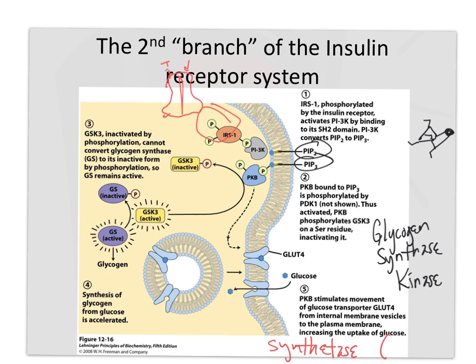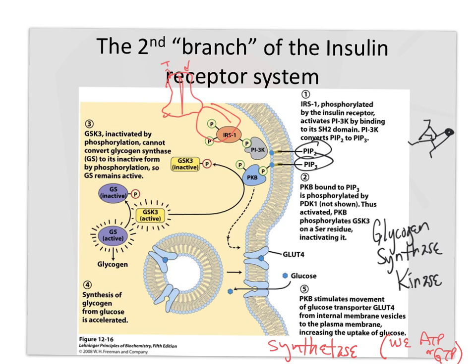Synthetases also synthesize something, but they use ATP or GTP. So right here we know glycogen synthase doesn't require energy to make something, which is why it's only a synthase. If it required ATP, it'd be called a synthetase.